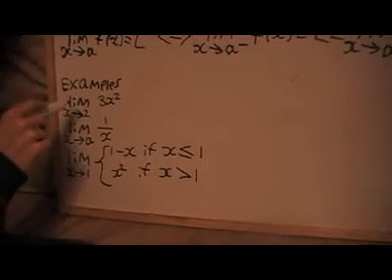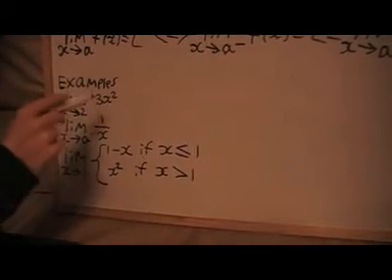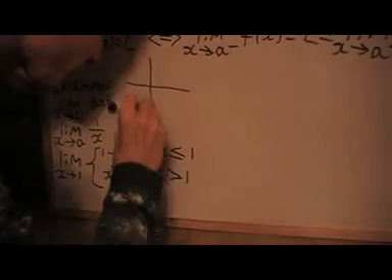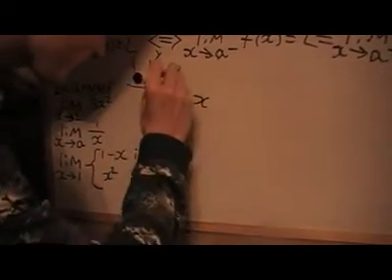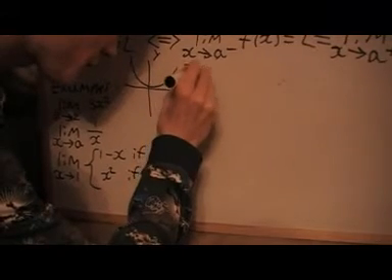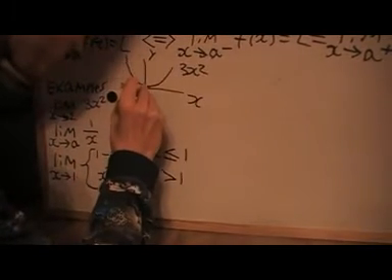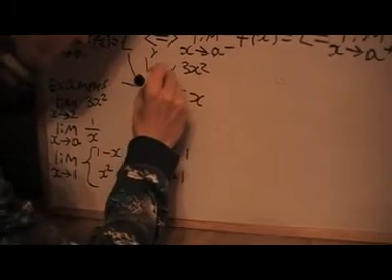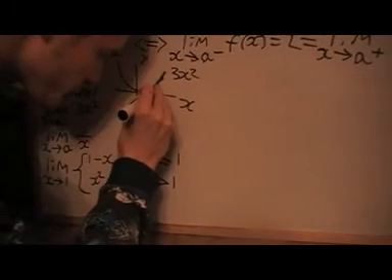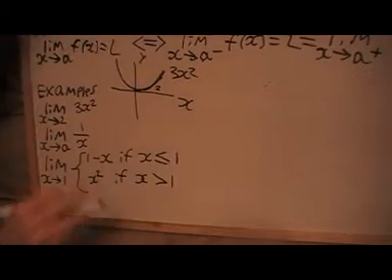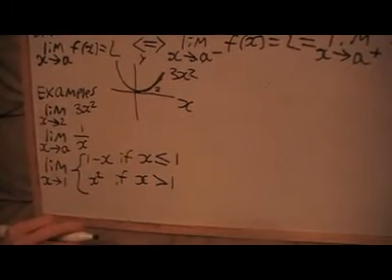So here I've got the limit as x approaches 2 of 3x squared. We know from experience the graph looks something like this, and we could have the point 2 somewhere around there.